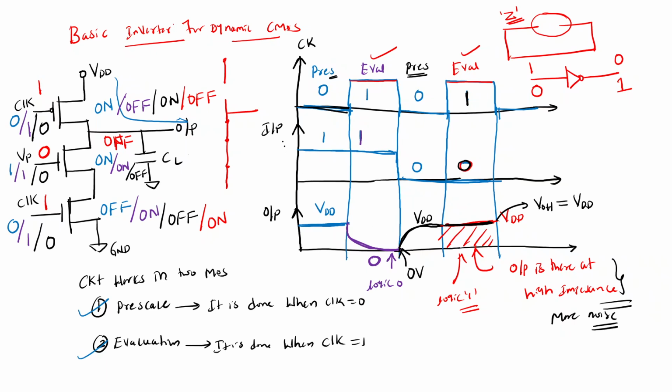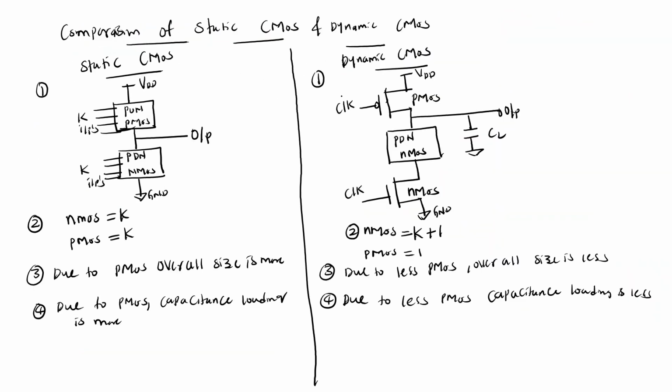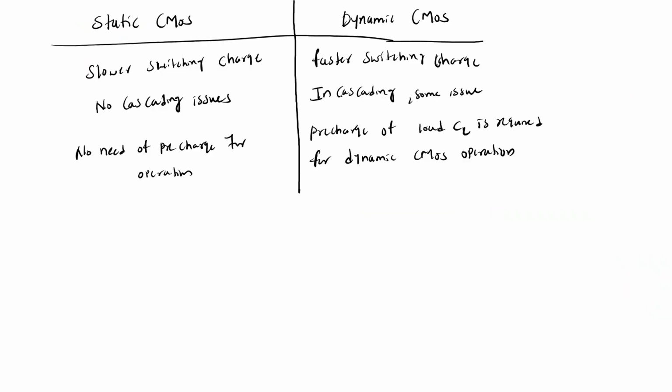So pre-charge is required in dynamic CMOS, whereas pre-charge is not required in static CMOS. That is the meaning of this.